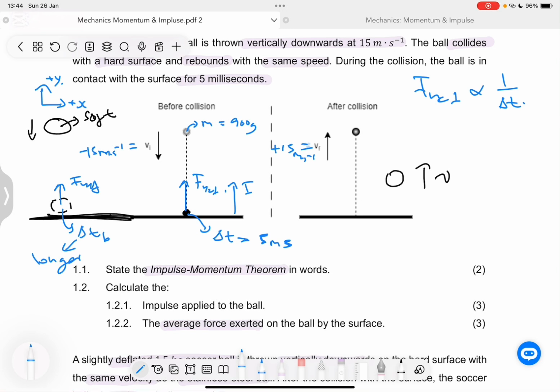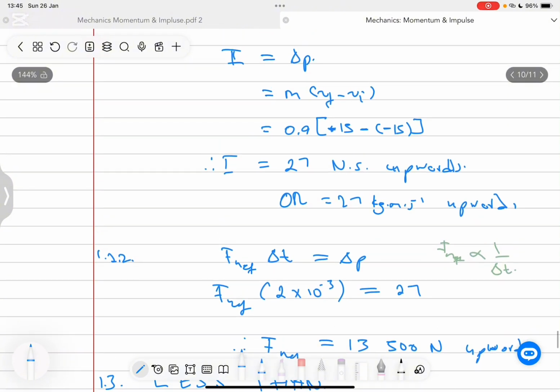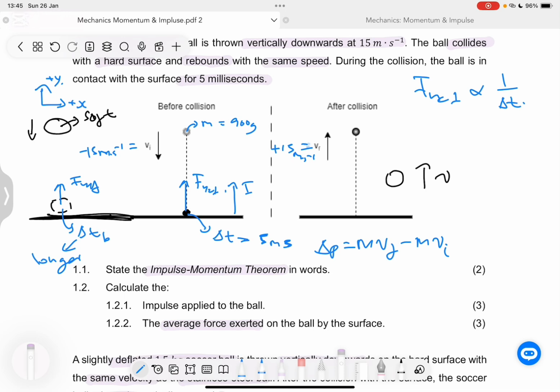If you use the fact that the change in momentum is given by this formula, you can see that for the first ball, we have the mass and velocity here, subtract the mass and velocity at the beginning, which is negative 15, and you will get this value of 27 that we calculated there.